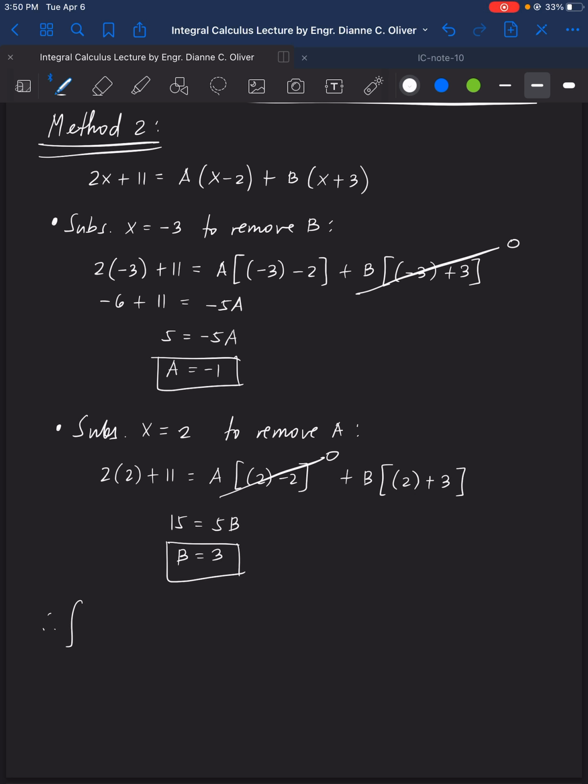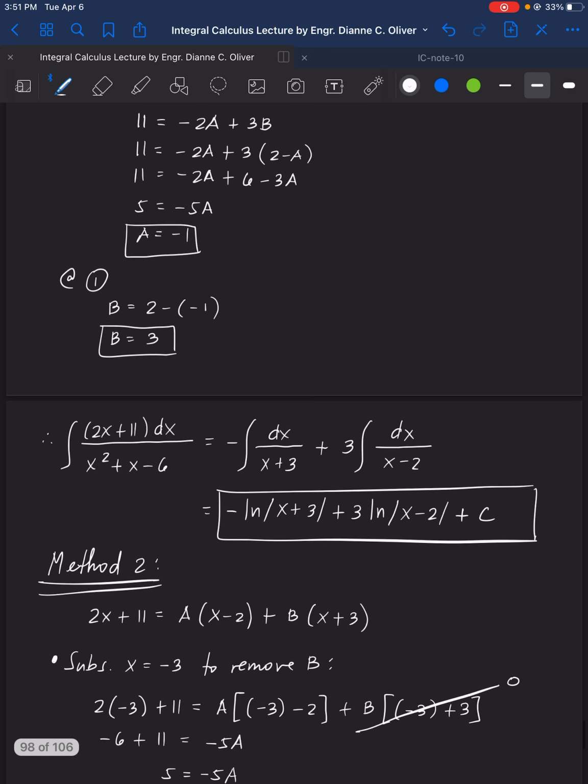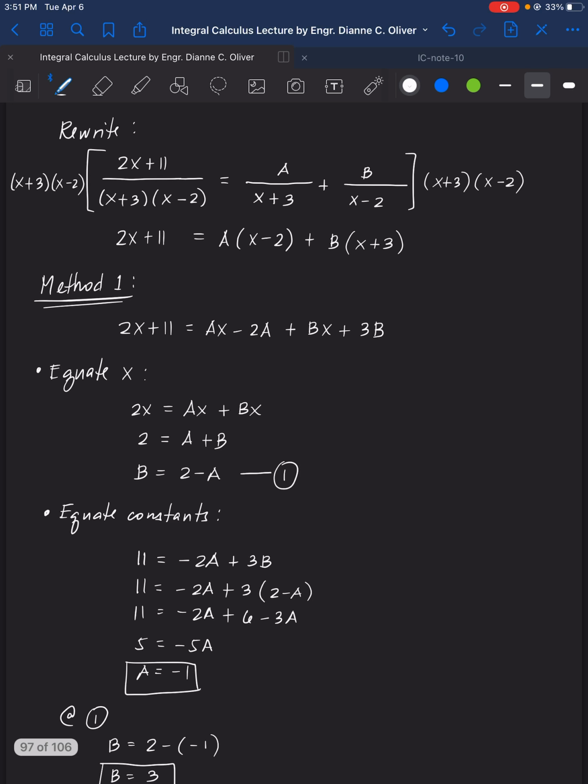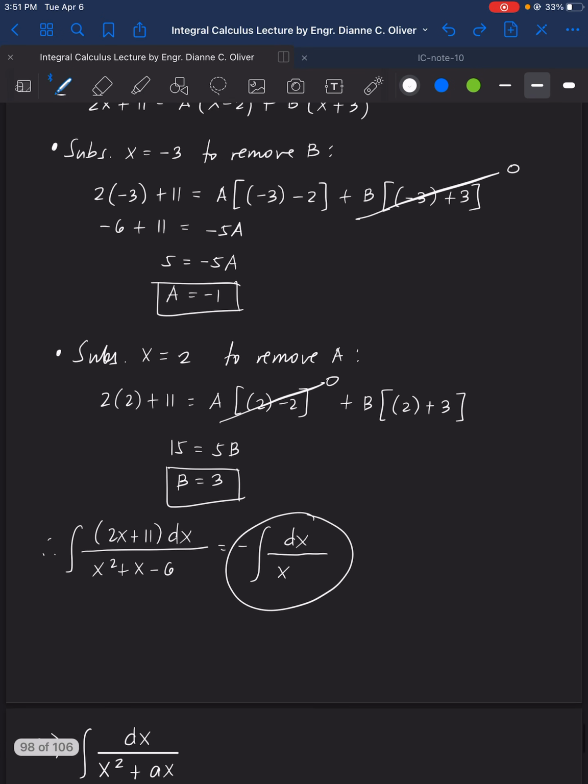Therefore, we have here the integral of (2x plus 11) dx all over x squared plus x minus 6 is equal to negative integral of dx all over x plus 3. Make sure that you're copying what you have rewritten here previously, because if you interchange these two, then the final answer becomes wrong.